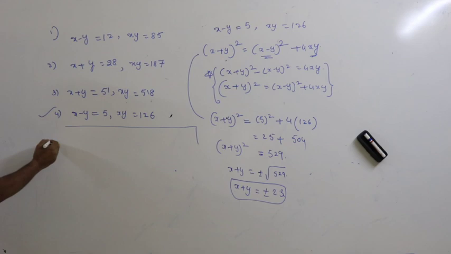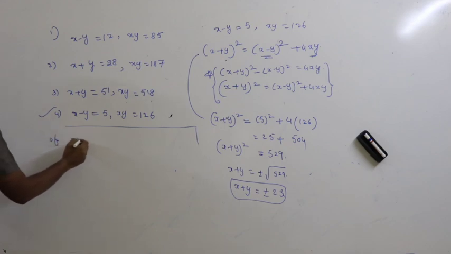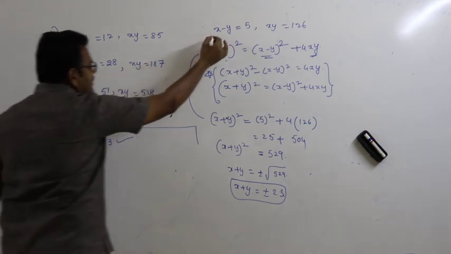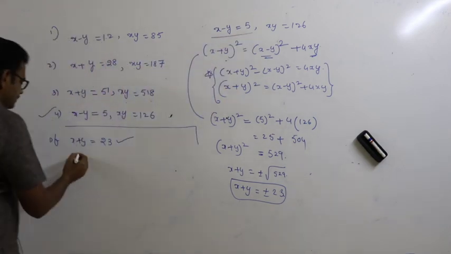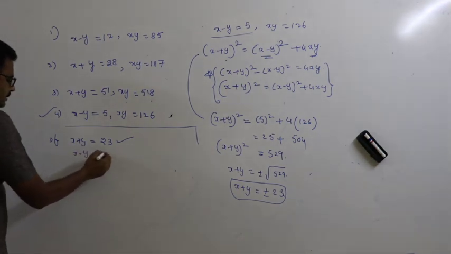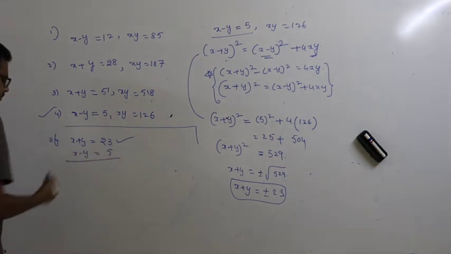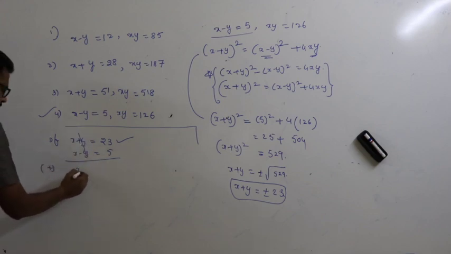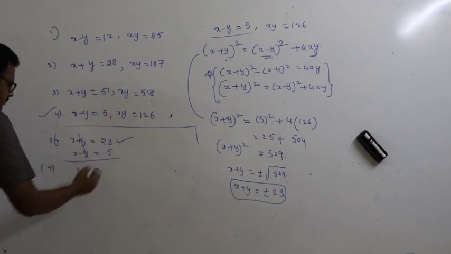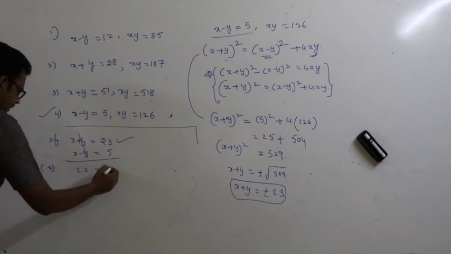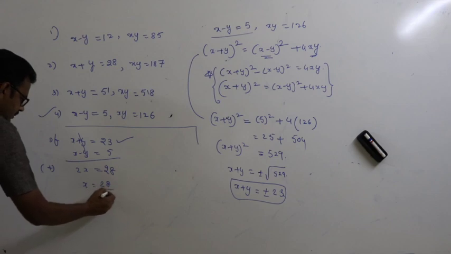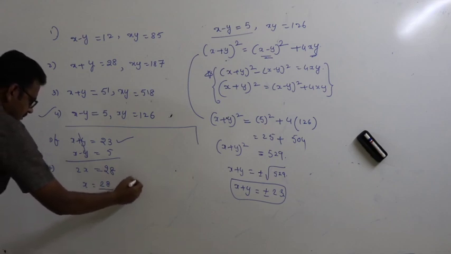Now, if you take plus, x plus y is equal to plus 23, and already x minus y is given, x minus y is equal to 5. By adding these two, y gets cancelled, 2x is equal to 28, x is equal to 28 by 2, that is 14.